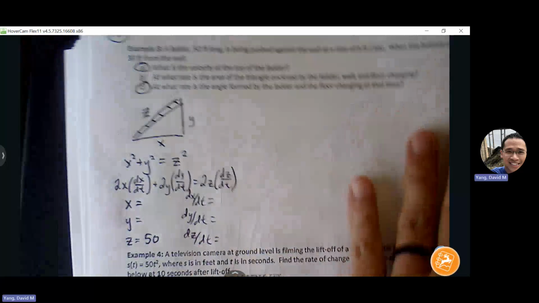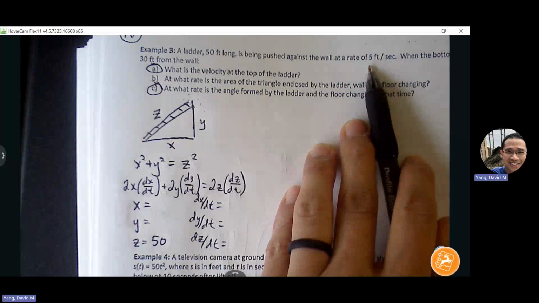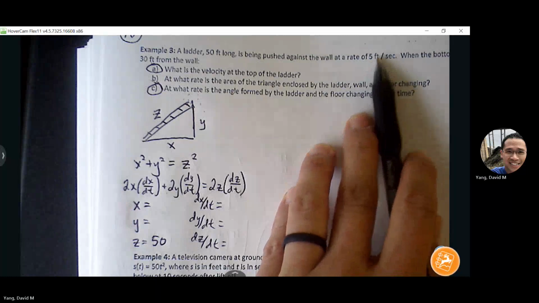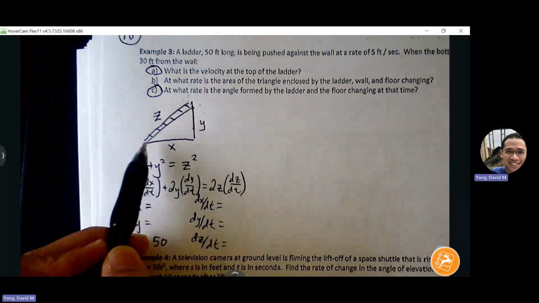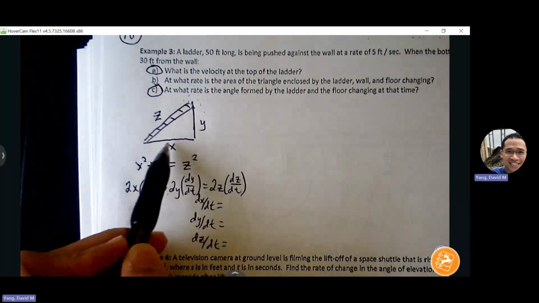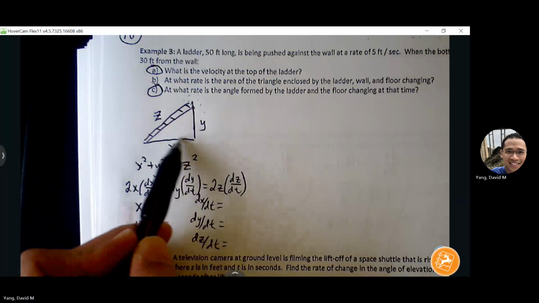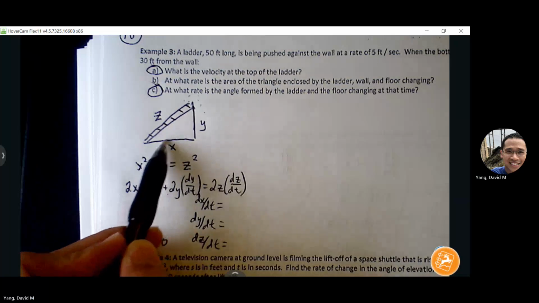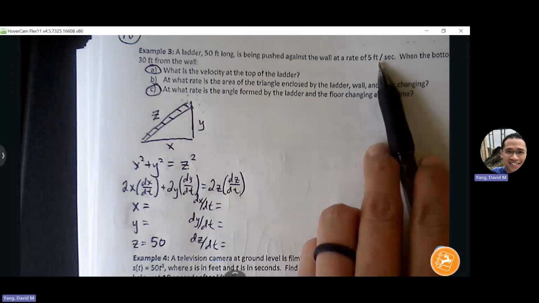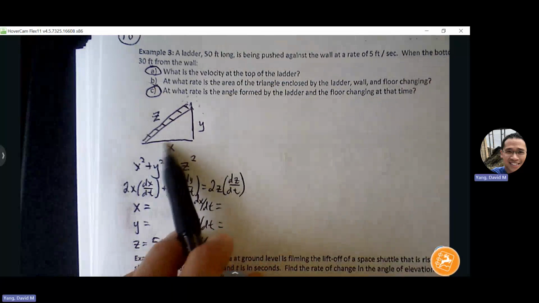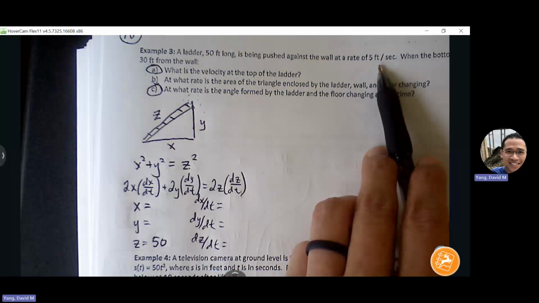Pushed against the wall at a rate of 5 feet per second. That's referring to what? dx/dt. Now, what's happening to x as the ladder is getting pushed towards the wall? Okay, it's changing. Do we need to make any adjustment with this? Getting shorter, right? x is getting shorter, so we want to make the adjustment by calling this -5. Yeah, dx/dt is -5.